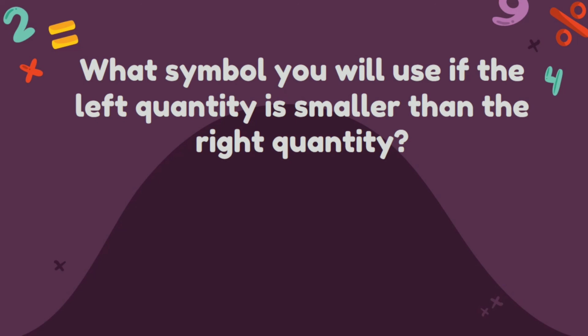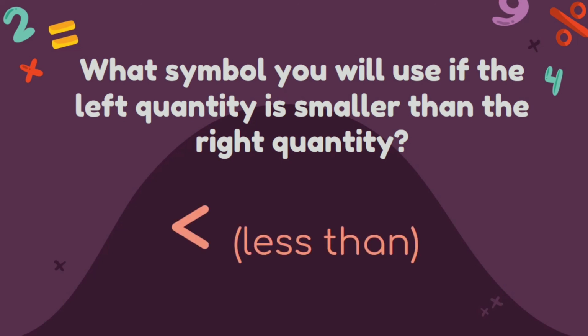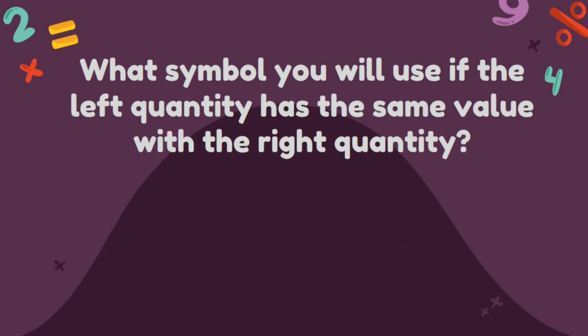The symbol that we are going to use if the left quantity is smaller than the right quantity is less than. Last, what symbol will you use if the left quantity has the same value with the right quantity? The symbol that we are going to use if the left quantity has the same value with the right quantity is equal.